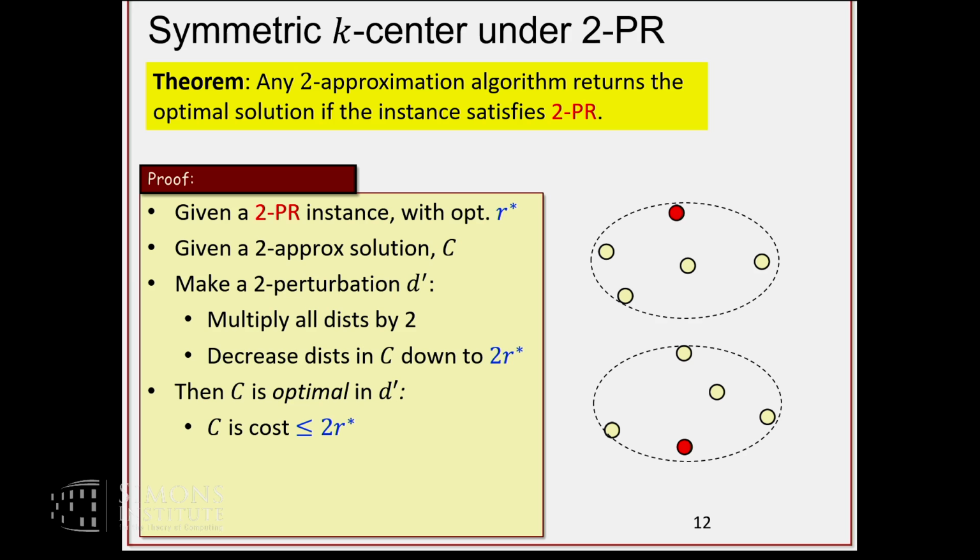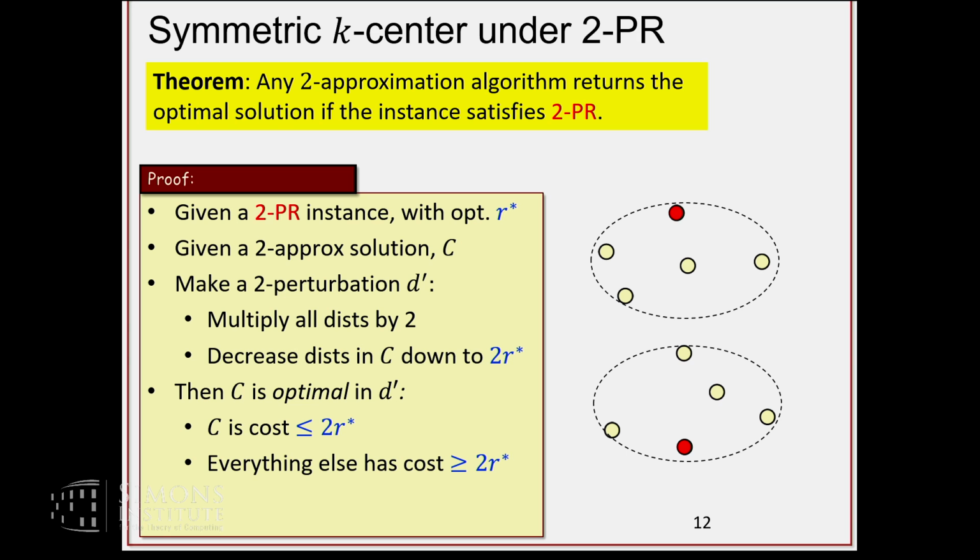The way to see that is that, first of all, C has cost 2R star, because it's a two approximation. Then I increased everything, but the distances in C I decreased back down to exactly 2R star. If you think of any other clustering, it had to be greater than or equal to R star in the beginning, by definition of R star.